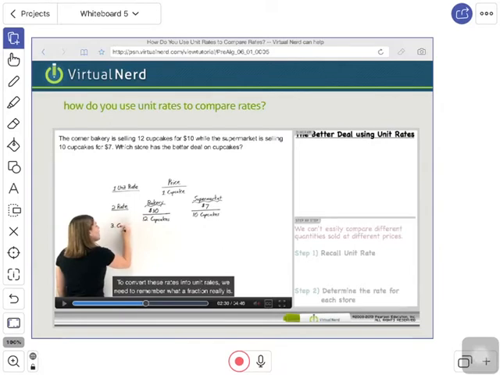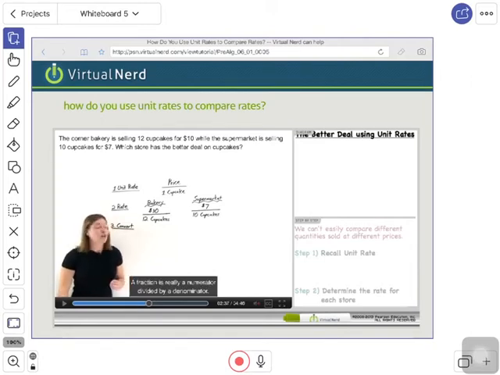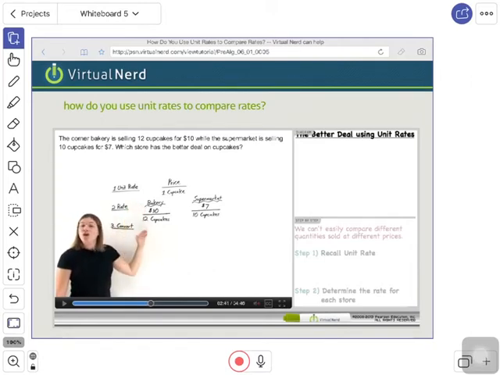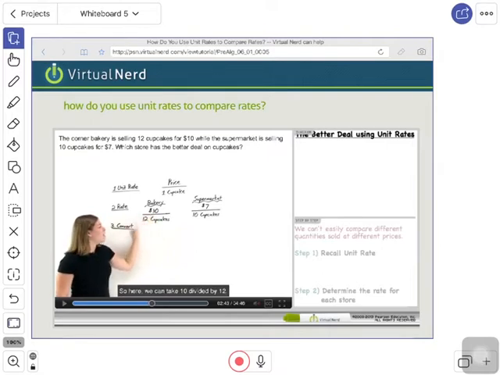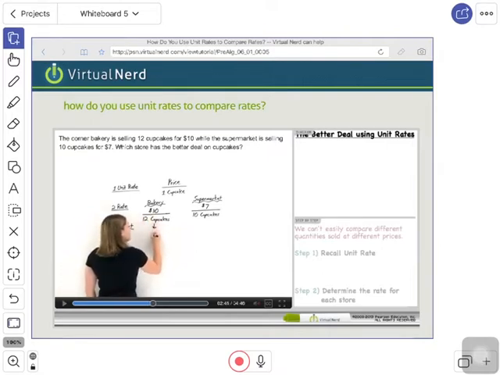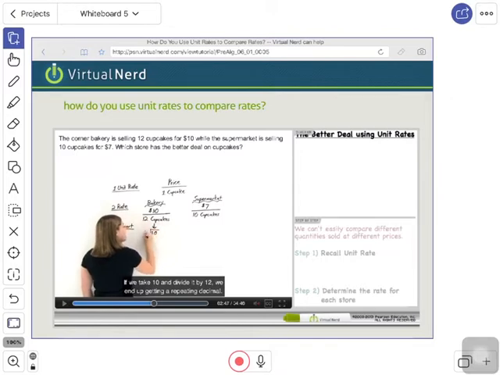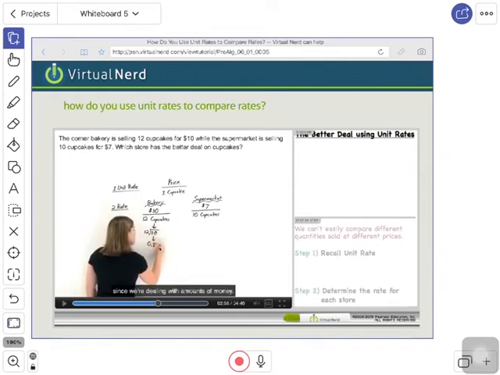To convert these rates into unit rates, we need to remember what a fraction really is. A fraction is really a numerator divided by a denominator. So here we can take 10 divided by 12. If we take 10 and divide it by 12, we end up getting a repeating decimal. So let's round that decimal to 2 decimal places, since we're dealing with amounts of money.